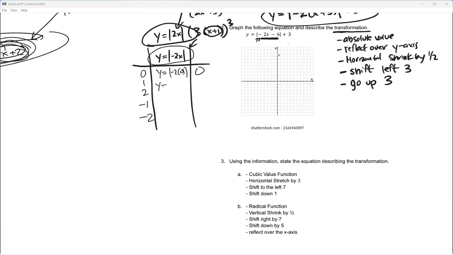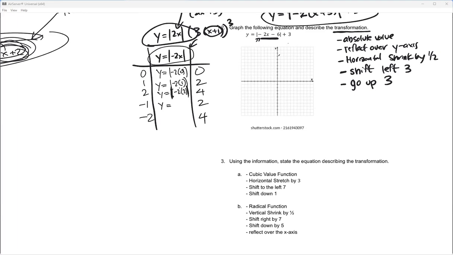Y is equal to negative 2 times 1, which is negative 2. Absolute value is positive 2. Y equals negative 2 times 2, which is negative 4. Absolute value, negative 4 is positive 4. If I plug in the negatives, it's going to be the same thing: 2 and 4.